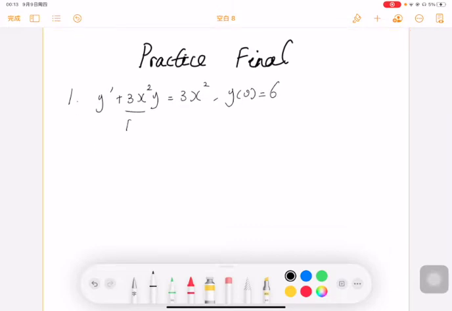Okay, and this is called p of x, and this is called q of x. And remember that the integrating factor is defined as e to the integral of p of x dx.